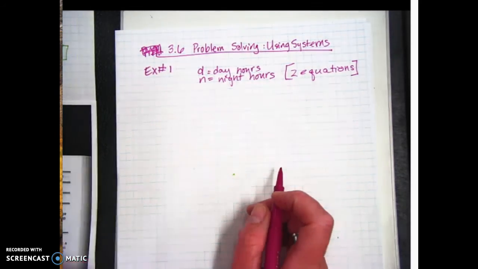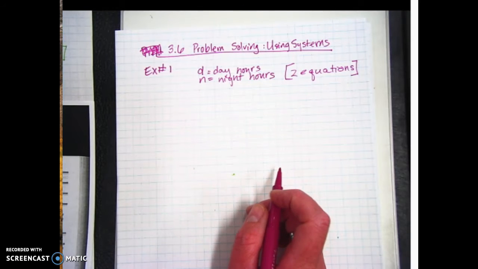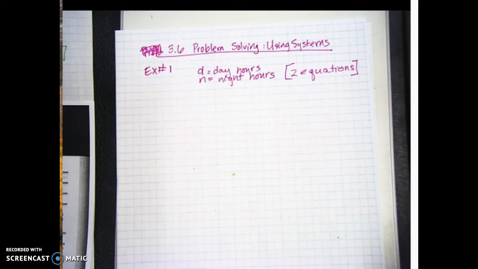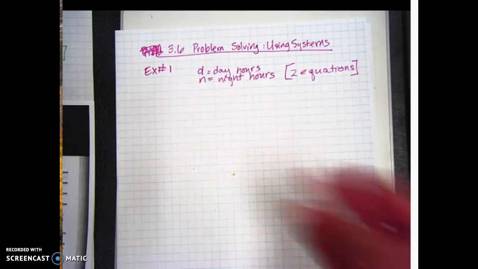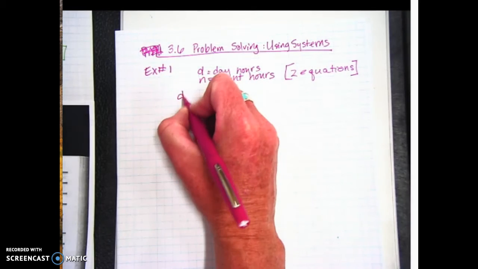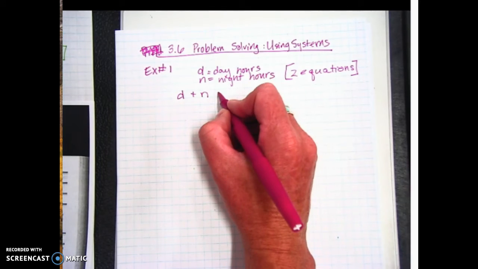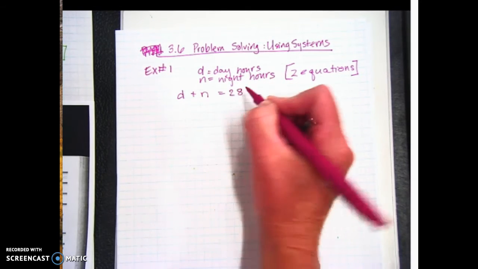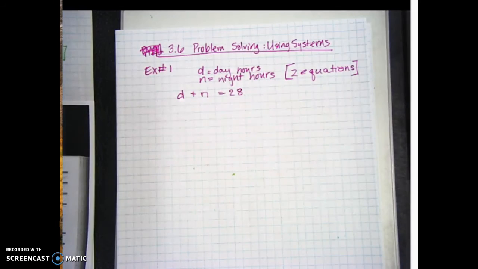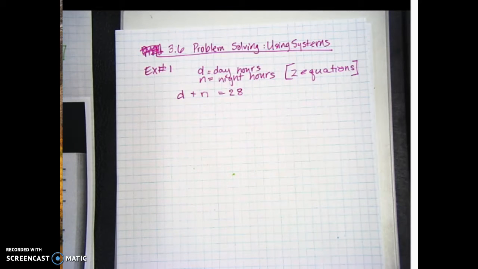So one of the things it tells you is that there was a total of 28 hours that somebody used this database service. So we're going to say D plus N, so day hours plus night hours, total of 28. Okay? Then the other piece of information is that they tell you that the research company paid $411.